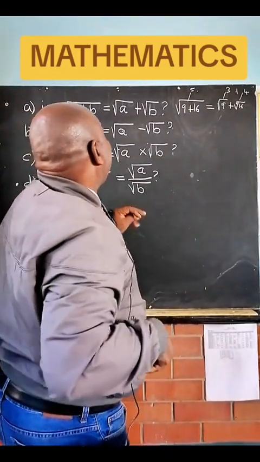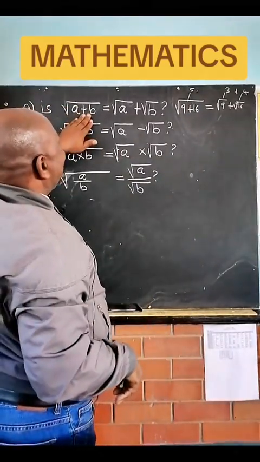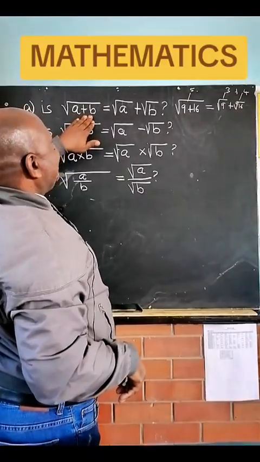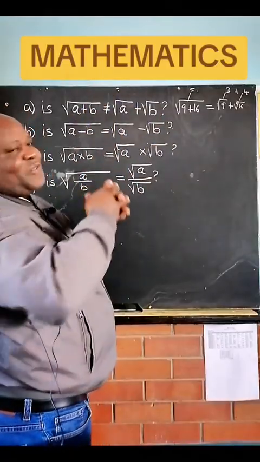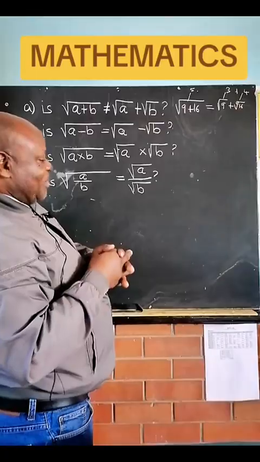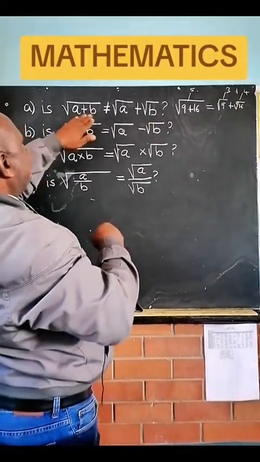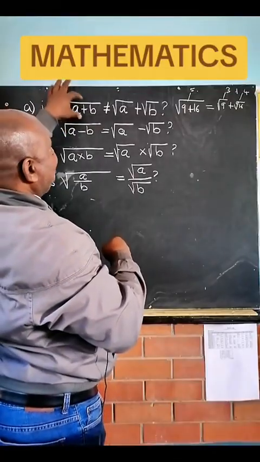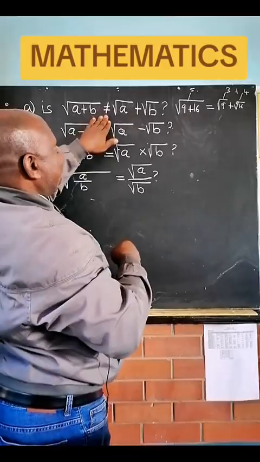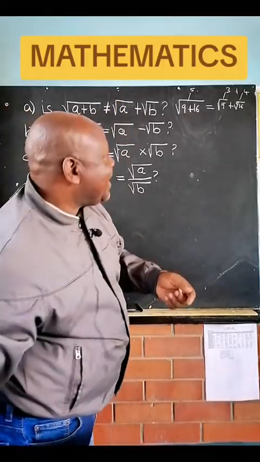Therefore, the square root of a sum of two numbers is not equal to the sum of the square roots of the individual numbers. So the first one is no. You cannot distribute the square root sign to a sum of those two numbers.